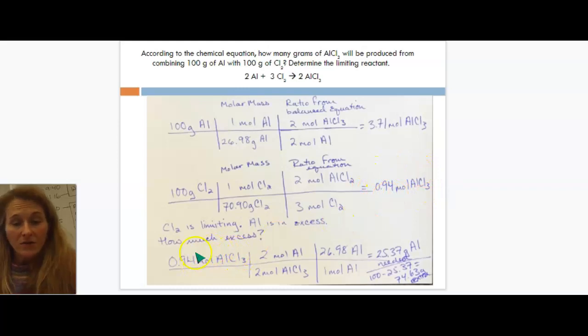And we can convert moles of aluminum chloride into moles of aluminum, our excess reactant, and then convert that to grams of aluminum, and that tells us that we really only need 25.37 grams of aluminum, which means we have an excess of 74.63 grams because we subtract that number from our original 100. So that would be a huge waste if we just dumped 100 grams of aluminum with 100 grams of chlorine there.